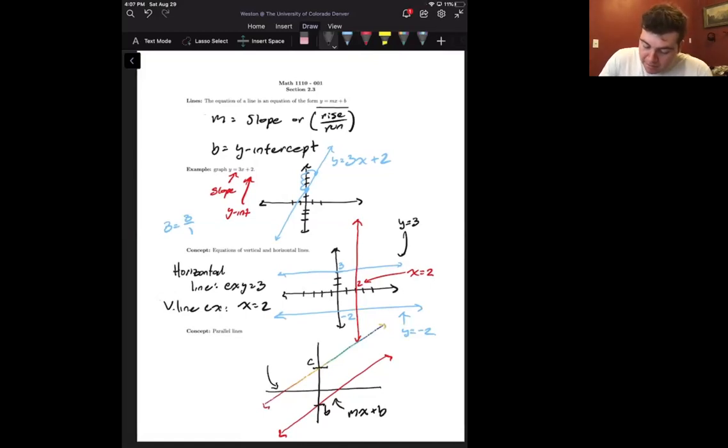So this might be a line mx plus c: the same slope, the same m, just different y-intercepts. So we can classify all parallel lines by just choosing a different y-intercept. That's the idea. Parallel lines have the same slope.